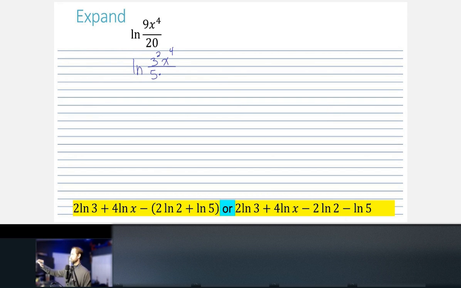Doesn't matter the order, 2 squared times 5. All right, and then from here we know that a fraction becomes subtraction, so we have natural log of the top stuff minus the natural log of the bottom stuff.